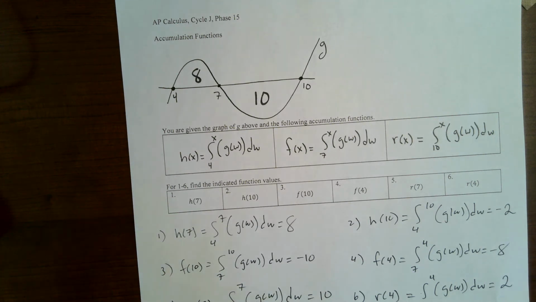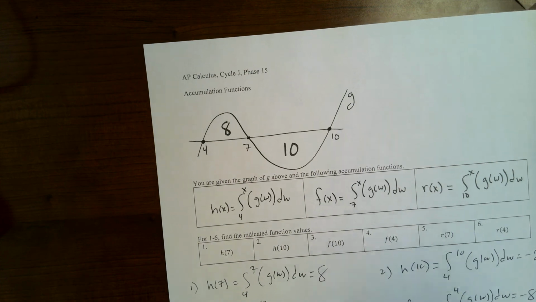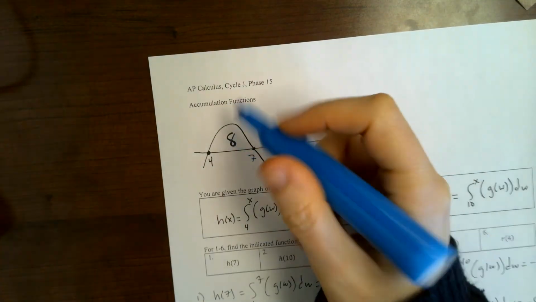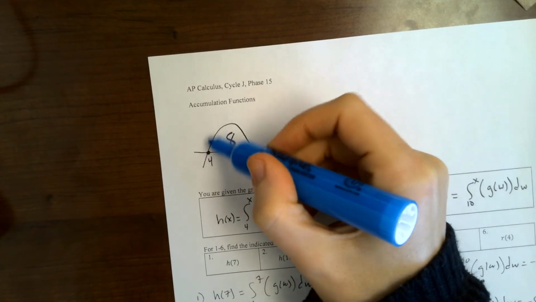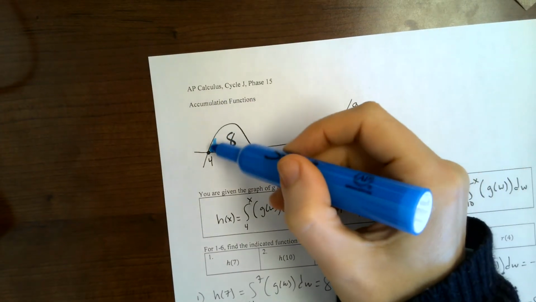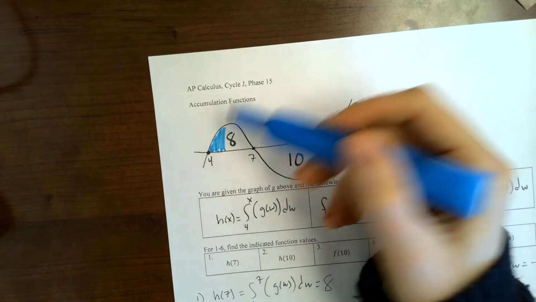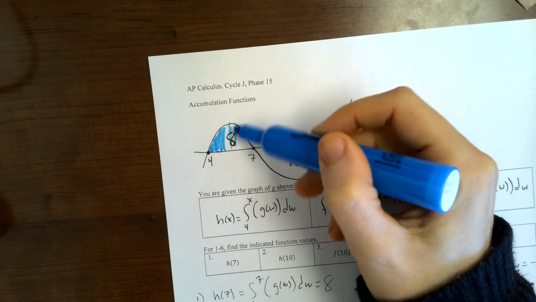If it's accumulating negative area, it's decreasing. So from 4 to x, we're accumulating positive area for these x's, more positive area, more positive area.